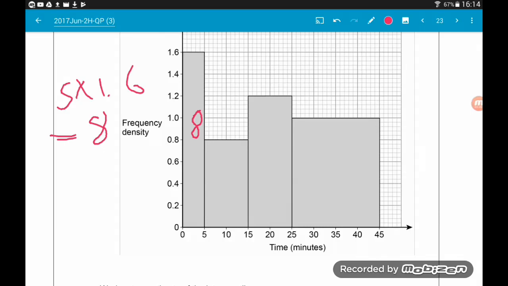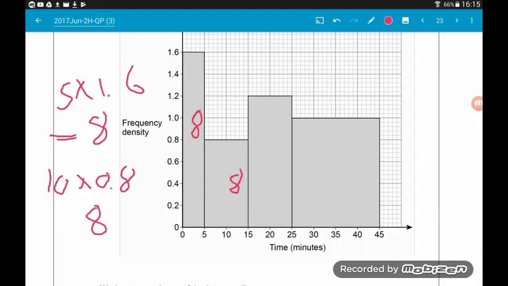So 8 people are represented by this first bar. In the second bar, we've got an interval width of 10, and we've got a frequency density of 0.8. So if we do 10 times 0.8, that's going to give us 8. So again, there's 8 people represented in this second bar.